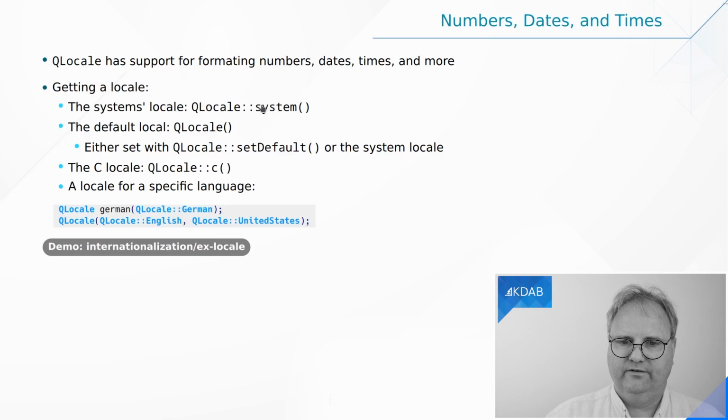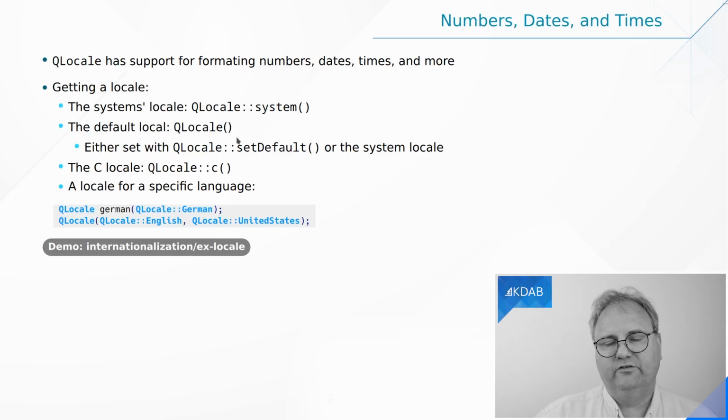There are 4 locales that you need to know about. The first one is the system locale. That is, your desktop system already has some set up. Your desktop system might be showing in German, and it might be set up for the Swiss version of German, and that's what the system locale will get you.